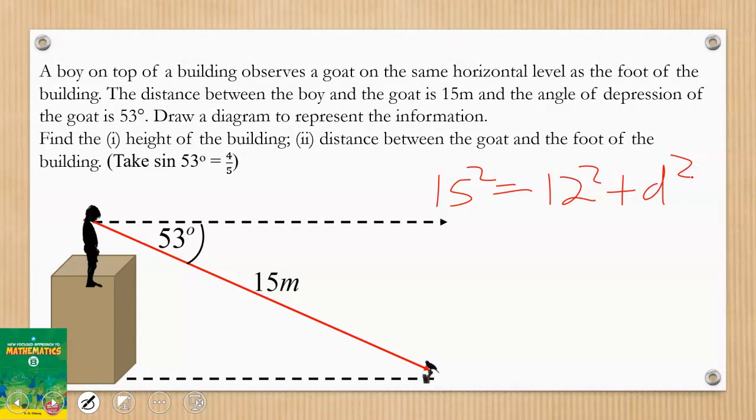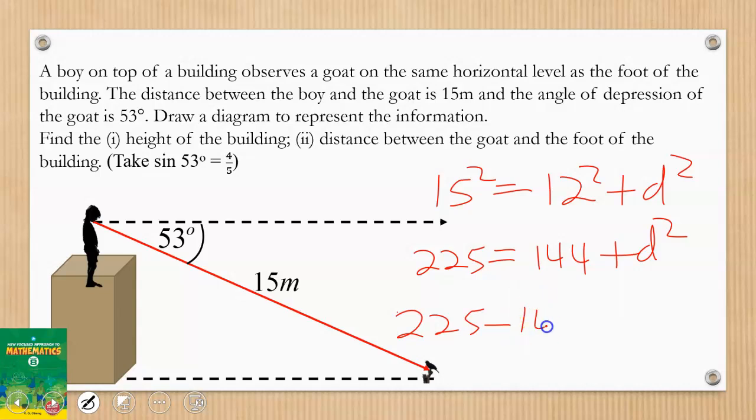That is the easiest way out. Since we don't have a calculator to do this, we have 225 equals 144 plus D squared. So making D squared the subject, we have 225 minus 144, grouping like terms, is equal to D squared. When we subtract, we have 81 is equal to D squared.